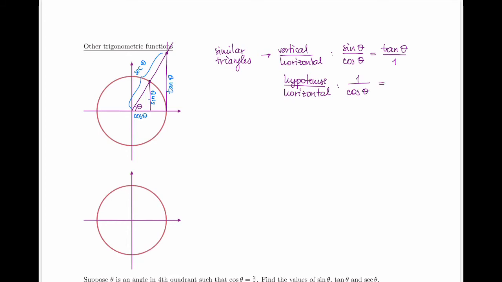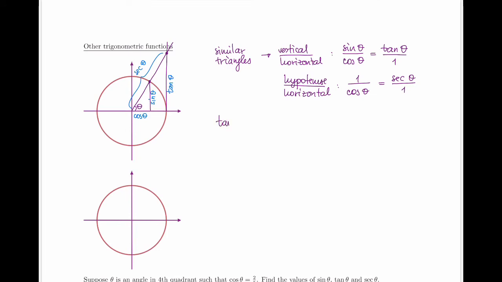And in my large triangle, the hypotenuse is what we call secant, whereas the horizontal side is the radius of the circle, so 1. So secant theta over 1. Okay, and this is exactly where we get the defining property of the secant.